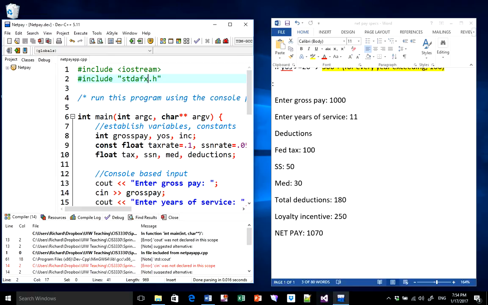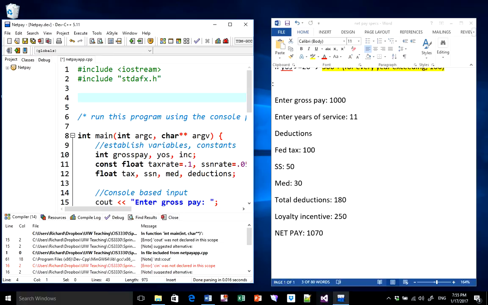Can we put using namespace std under it? Yeah, it will do the same thing, using namespace std. Let's add that too, just to be on the safe side. And you can do that too. So both of those should do the same thing.